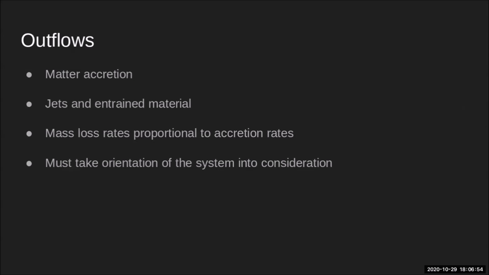The reason this happens is slightly beyond the scope of this talk, but at its base is to remove angular momentum from the system so more matter can be accreted onto the protostar. And this matter accretion is extremely difficult for us to track because it's happening within the envelope and going from the disk to the protostar.